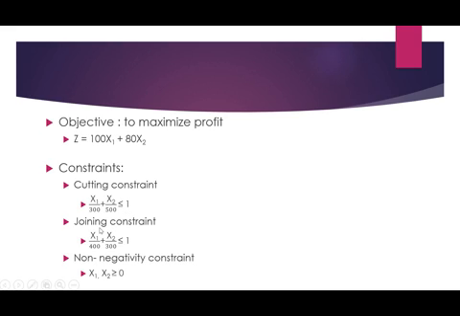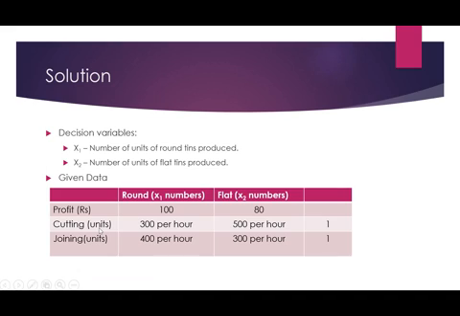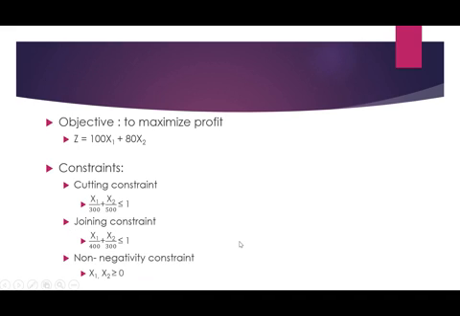Similarly, joining constraint will be 400 and 300. So x1 by 400, x2 by 300 less than equal to 1. And x1 and x2, it is the number of tins produced, so it cannot be negative. So non-negativity constraint says x1 comma x2 greater than equal to 0.